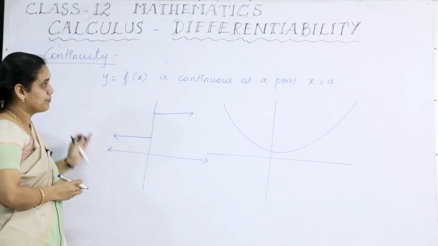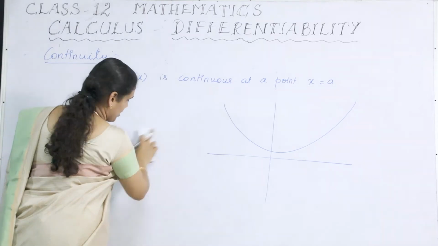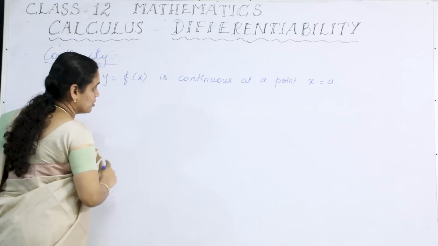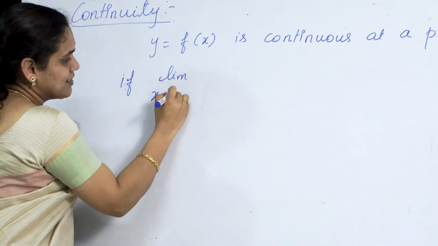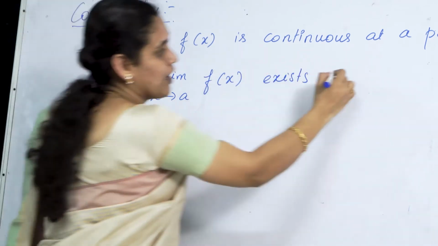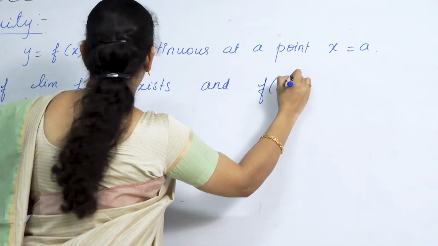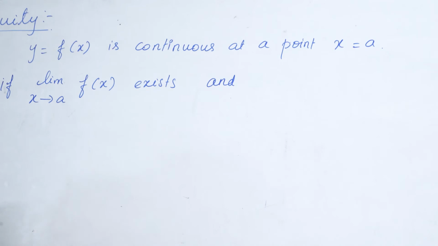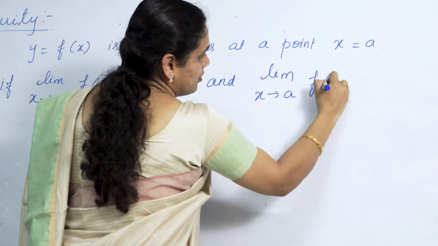This is the geometrical meaning. By definition, if f(x) is a real function, then y equal to f(x) is continuous at a point x equal to a if limit x tends to a f(x) exists, and also f(a) exists, and the limit is equal to f(a).